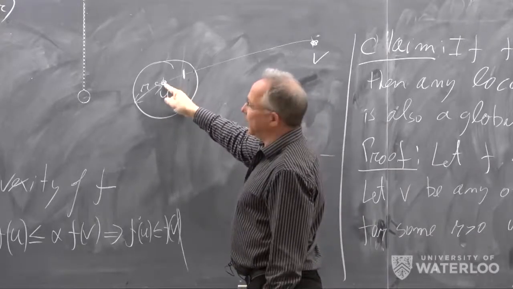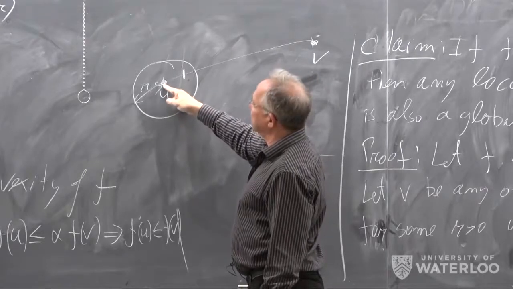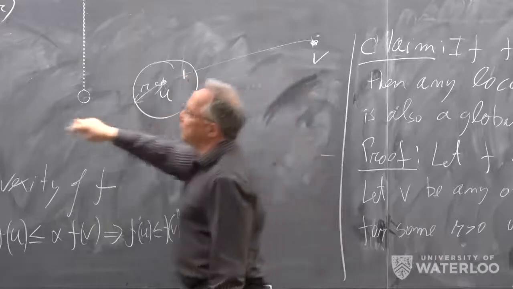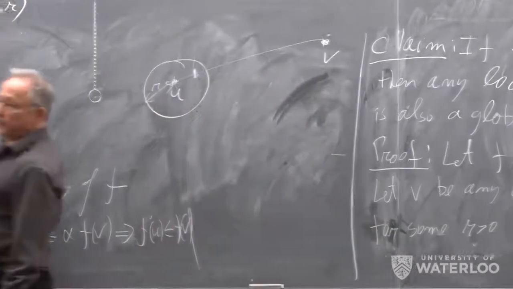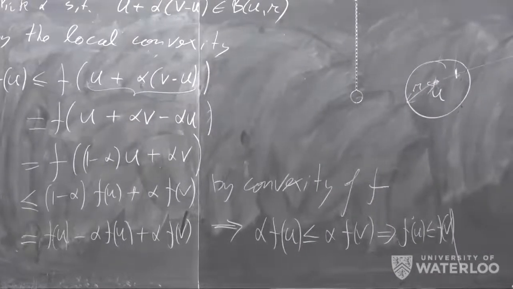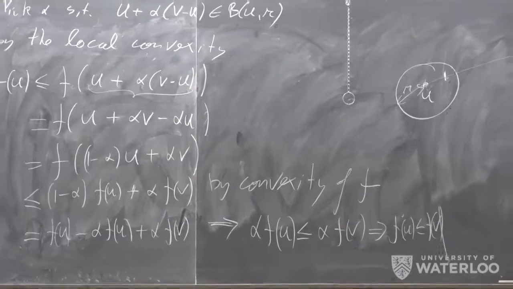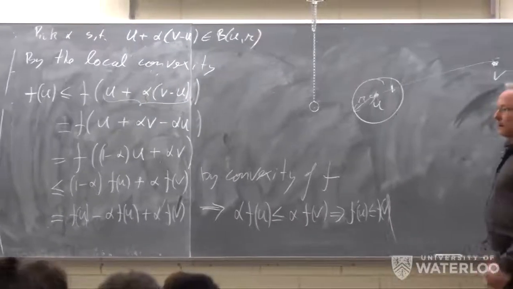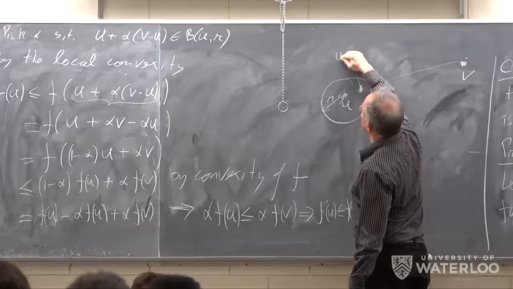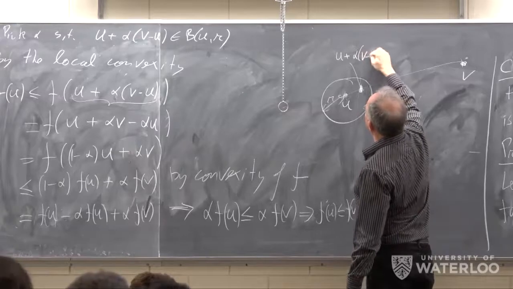You can think of this point as u plus this vector. And this vector is alpha times v minus u, for small enough alpha.